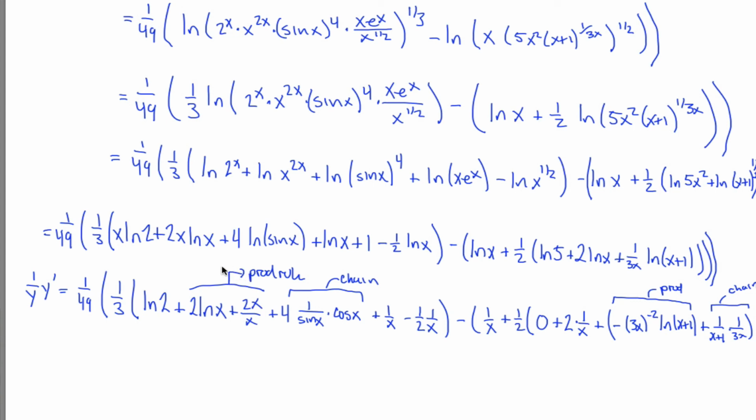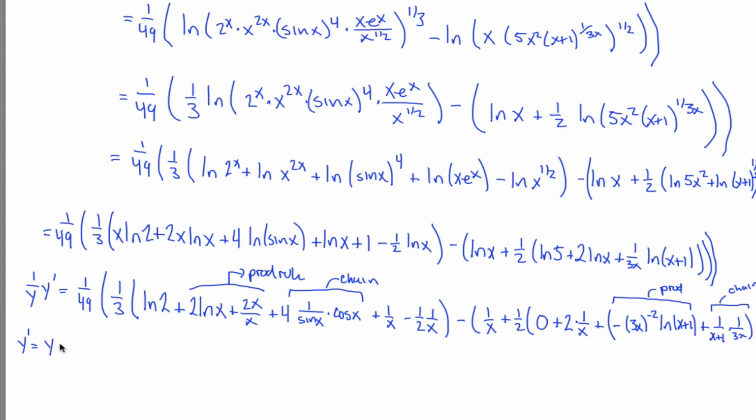Okay, so finally, well, I guess I should simplify this. Maybe I can do it in one step. Y prime, if I multiply both sides of the equation by y, is equal to y times 1 over 49. How about y over 49? Hey, that'll simplify a little.